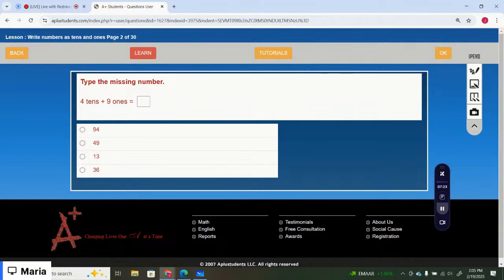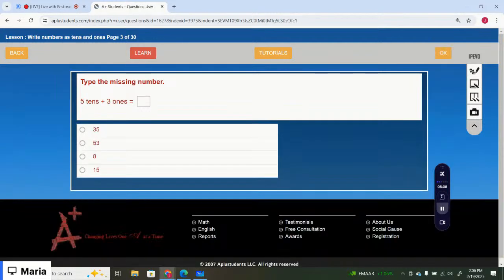Type the missing number. 4 tens and 9 ones makes 49. The digits make 49 together.